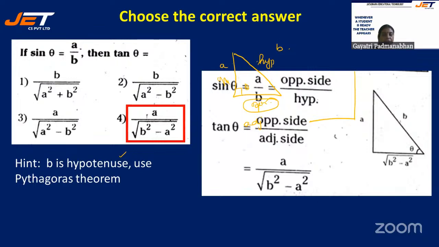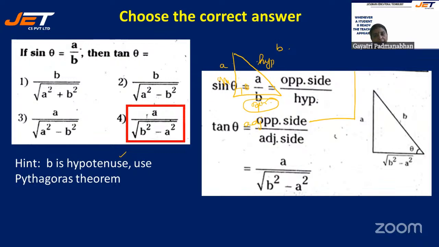You can see here how, using the hypotenuse, we can find out the other side. Fine. So using the Pythagoras theorem, it is b square minus a square, the whole root. All right. So now what is tan theta? Tan theta is nothing but opposite side by adjacent side. Now what is opposite side?